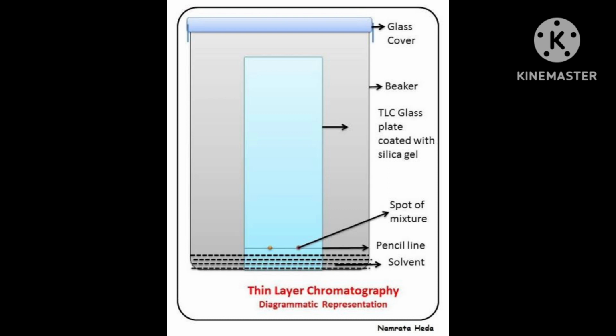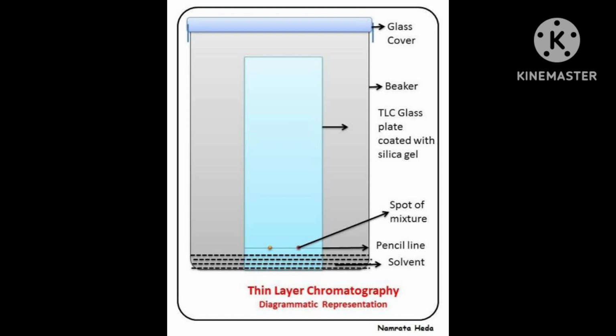As the eluent rises up the plate, the components of the mixture move up along with the eluent to different distances depending on their degree of adsorption, and separation takes place.